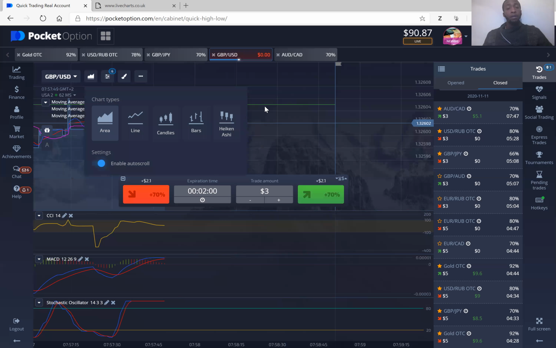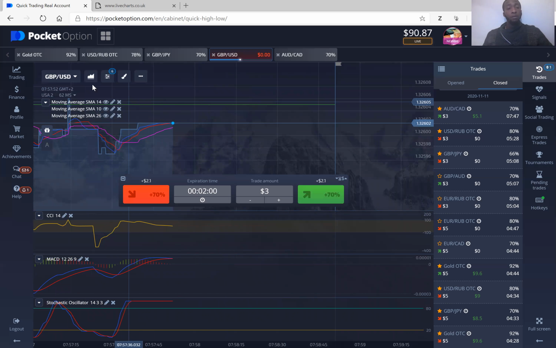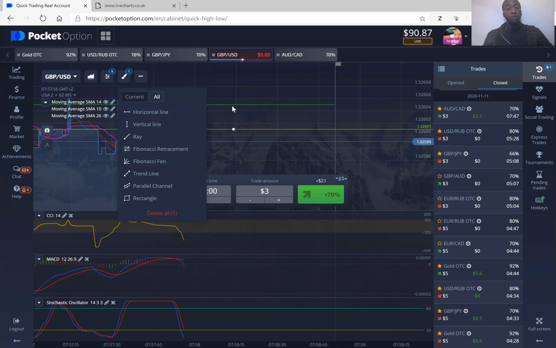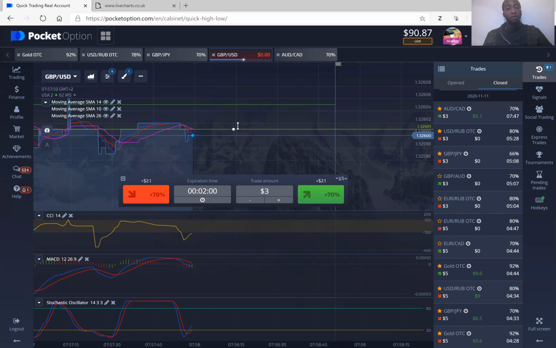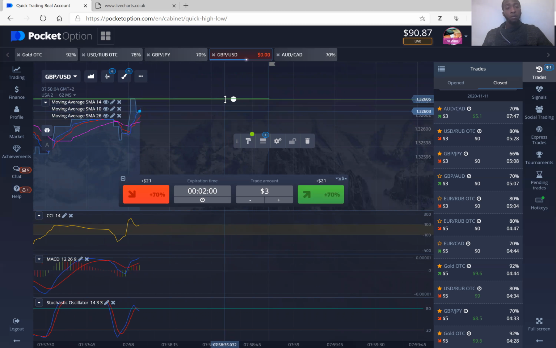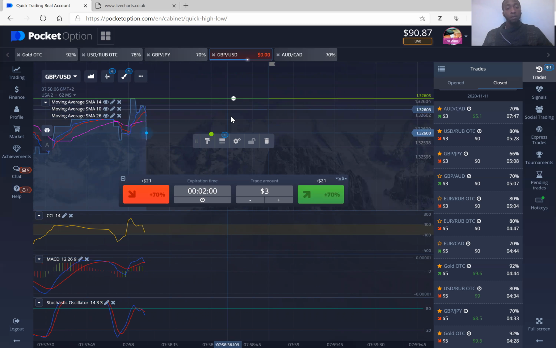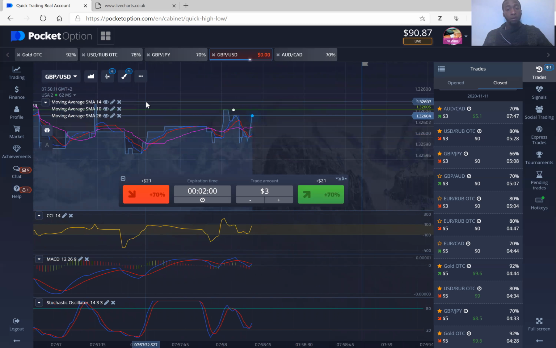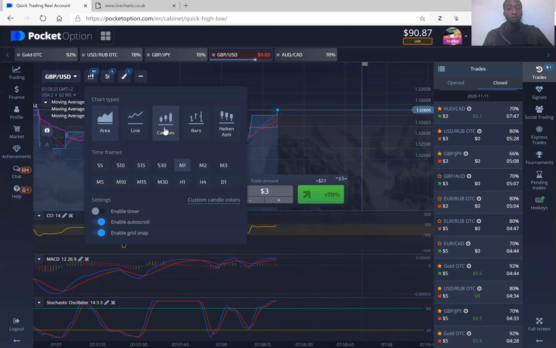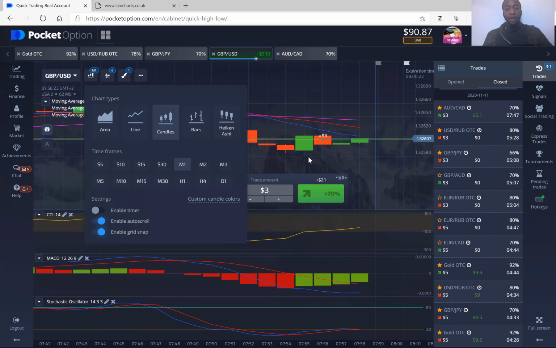Let's see how this is playing. See, we would have got in at the lowest point of that candle. We wouldn't even be tripping right now.